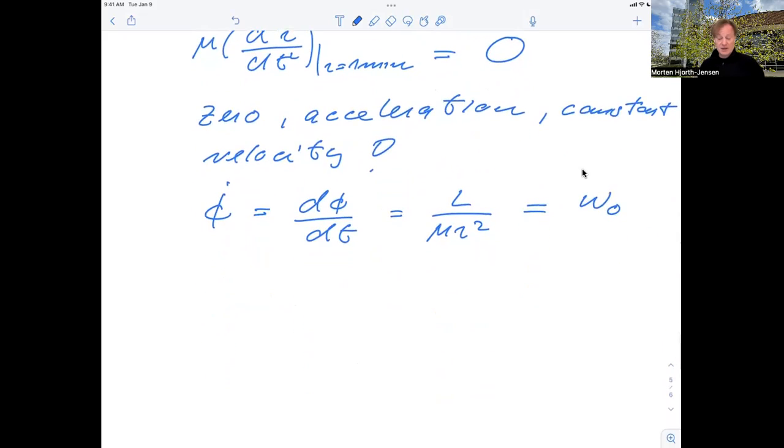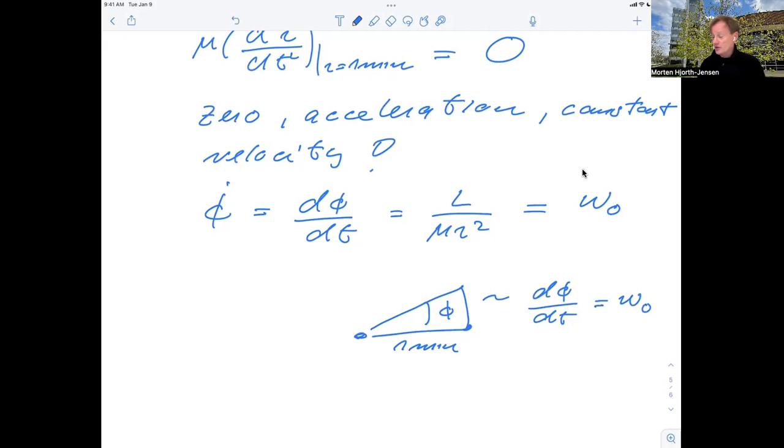So it means that the angle phi moves also at a constant velocity. If we make a plot here with a center, this would be our r min, and then we have an angular velocity. So d phi dt is given by the natural frequency of the system.